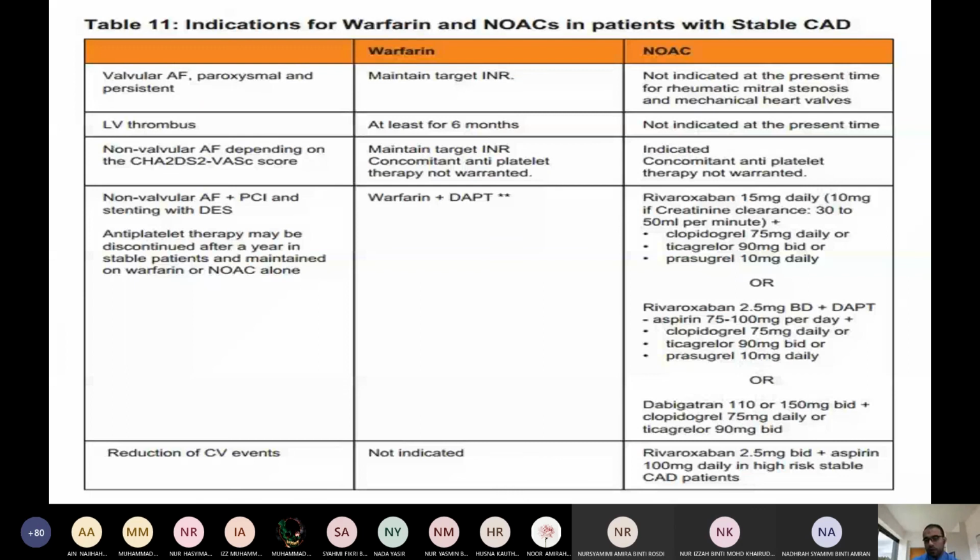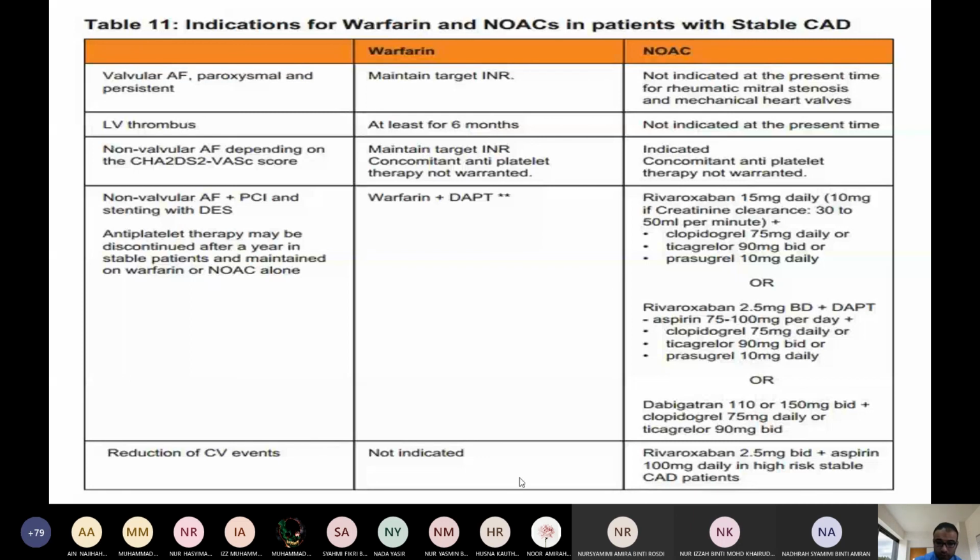You can see here this is the one from the local guidelines. You can see here the use of anticoagulant in patients with stable coronary artery disease can also be discussed according to the individual indication.